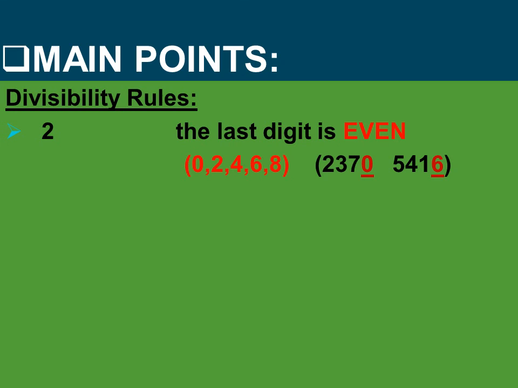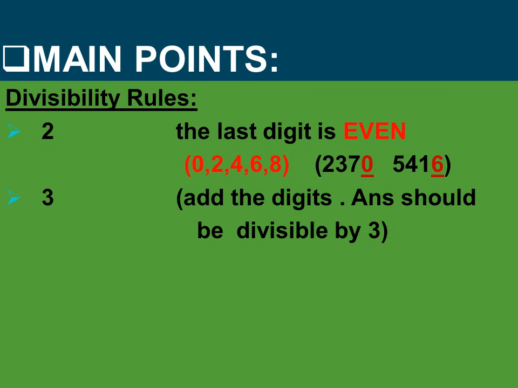If the last digit of a given number is even, that is 0, 2, 4, 6 or 8, then we can say that the given number will be divisible by 2. Now divisibility rule for 3. For 3, what we will do? We will just add all the digits of given number. Answer should be divisible by 3.